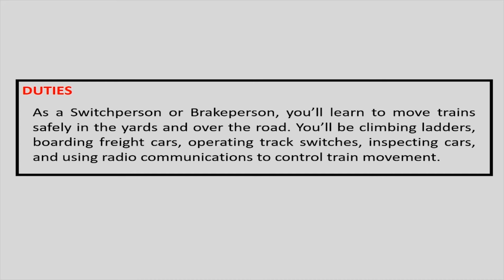You will be climbing ladders, boarding freight cars, operating track switches, inspecting cars, and using radio communications to control train movement." Then the job description lists the major tasks and responsibilities.